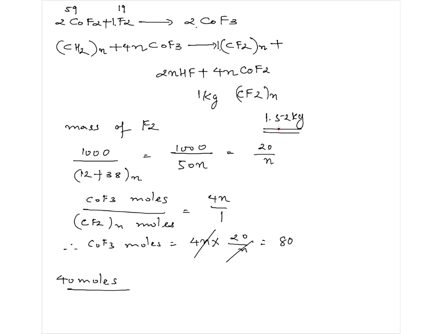So if you take 1.5 kg of fluorine and other things are sufficient in quantity, COF2 is sufficient in quantity, and later on CH2N is sufficient in quantity, then you will be able to prepare 1 kg of Teflon. Any questions? Let me know.